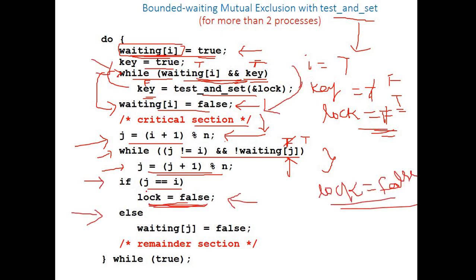Making this lock variable false allows the process i to enter into the critical section, because the process i itself is getting the next turn since no other j process is ready to enter into the critical section. So therefore the turn for i has come again. So the lock value for the process i becomes false now.